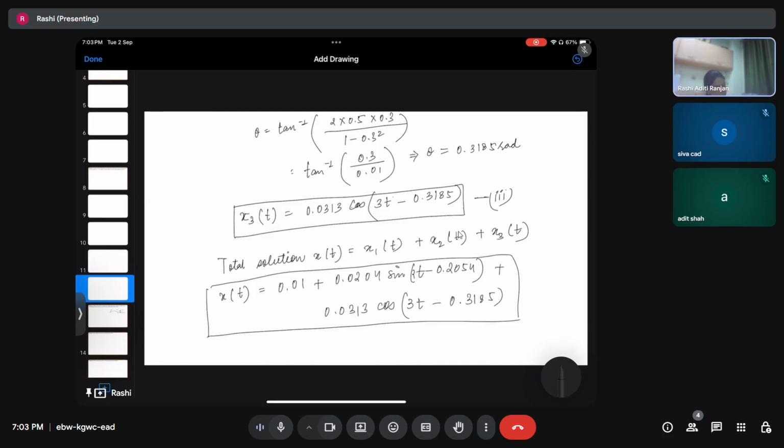This is the solution of the system at any time, basically the steady state solution. Okay, I hope this is clear.